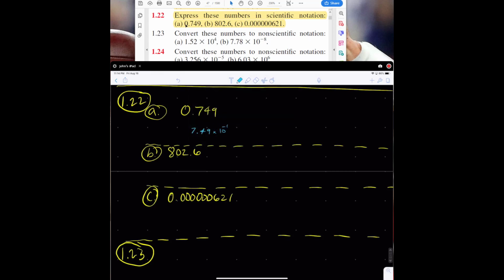That's how the textbook gives the strategy to declare whether it's a negative or positive exponent. You make that determination in the process of determining your n in the N times 10 to the n.